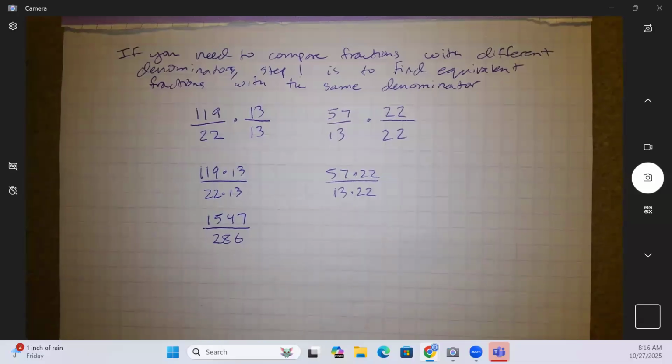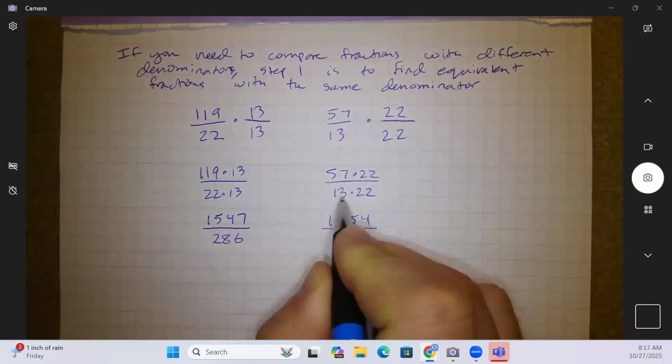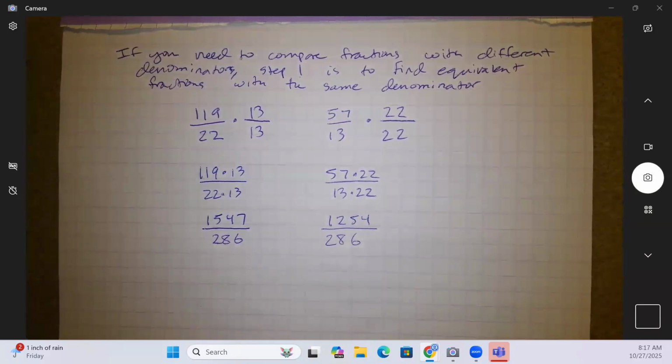57 times 22 is 1,254. And I already know what the denominator has to be because the whole point was to get them to be the same denominators. So which is larger, the left or the right?